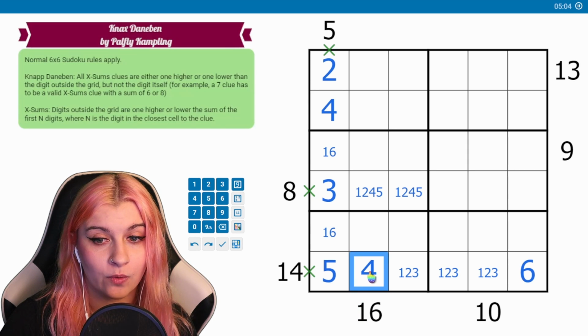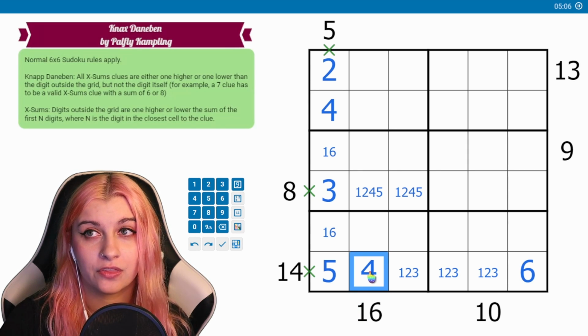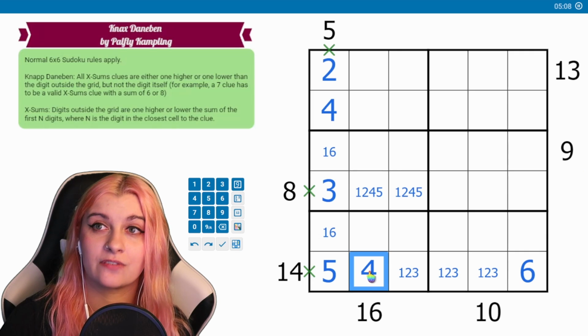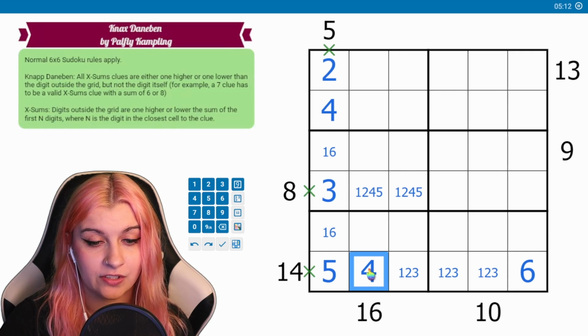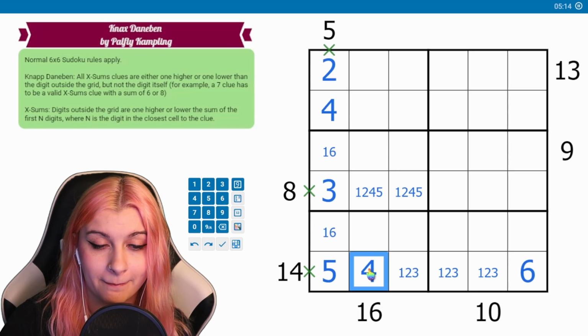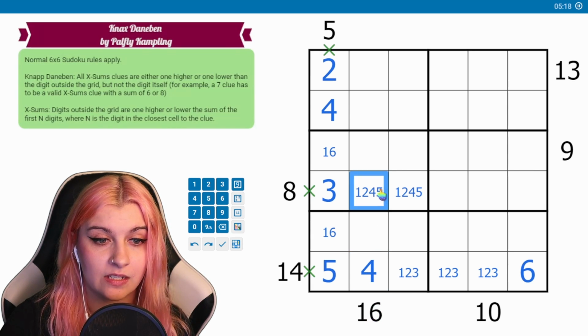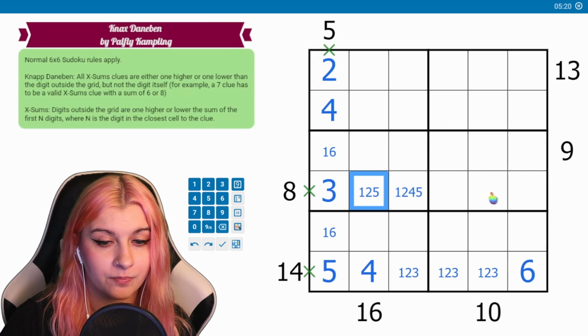If this is a 4, I could do 6, 5, and 3. 6 plus 5 is 11, plus 4 is 15, plus 3 is 18. So I don't want to do the biggest numbers possible, but 4 cells is doable with 15 or 17. Let's take 4 out of here.